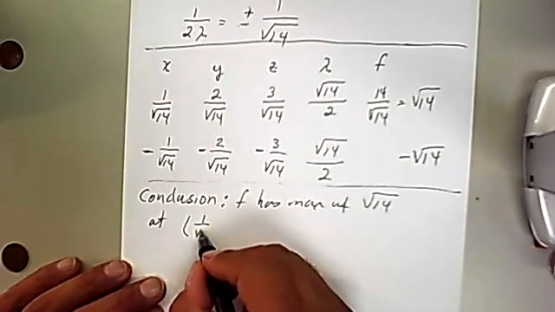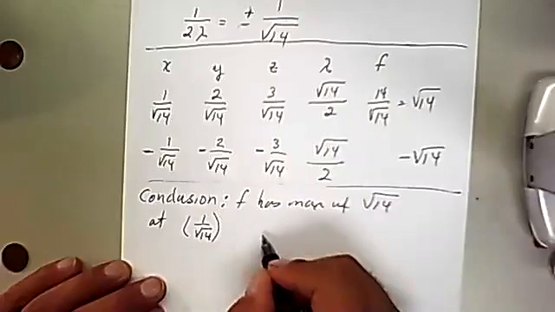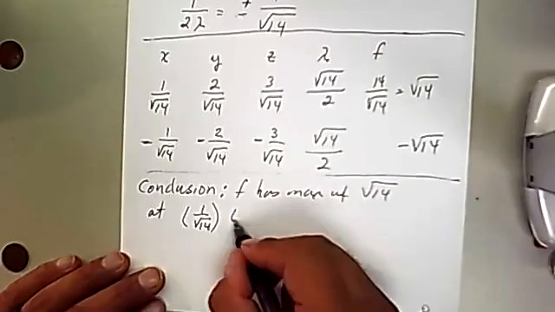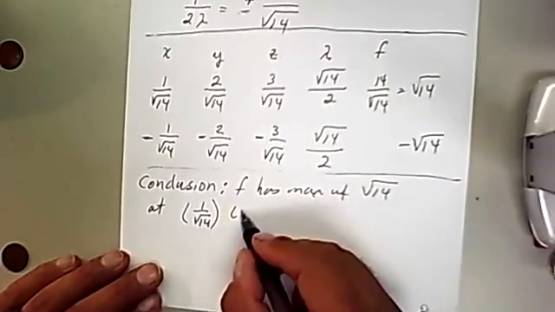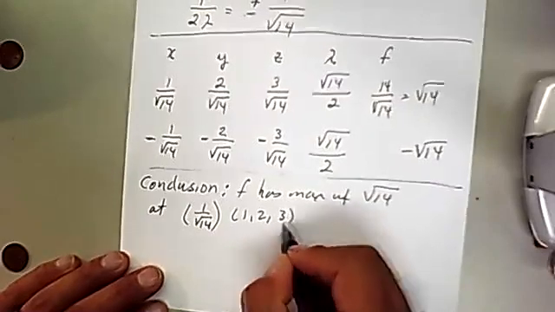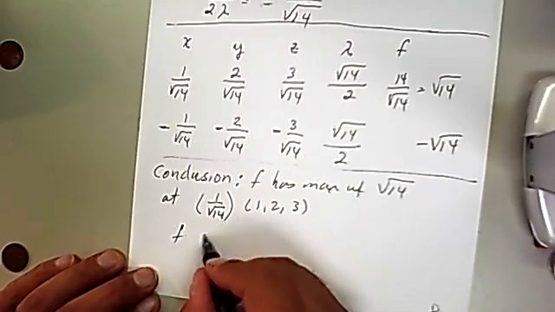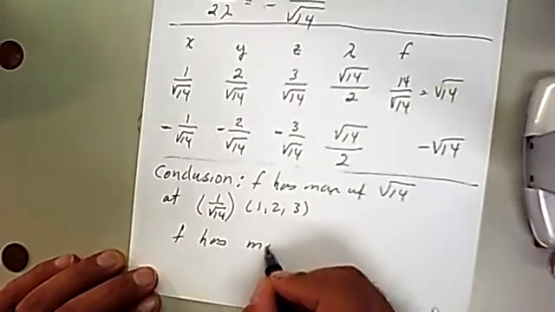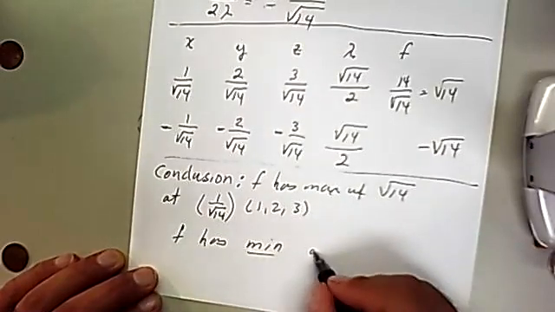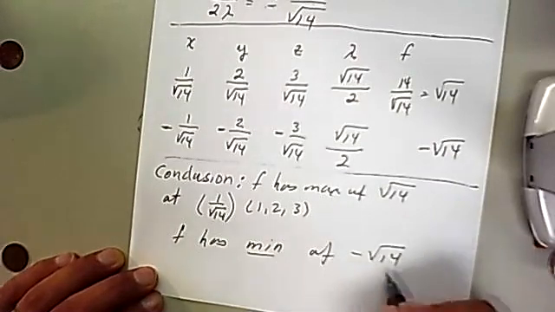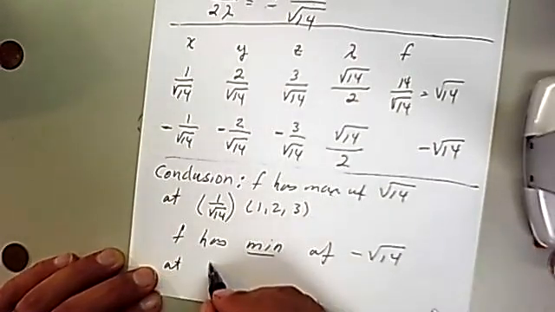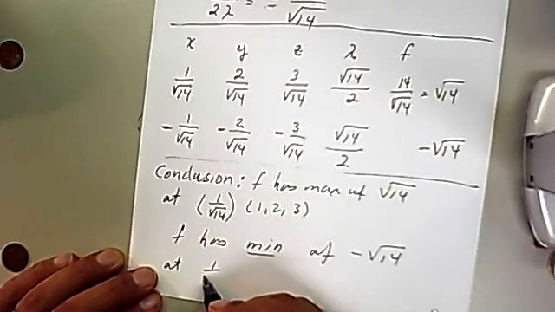I'm going to factor out 1 over the square root of 14. So this is a scalar times the vector 1, 2, 3. And f has a minimum, or attains a minimum, of negative square root of 14 at, we're going to factor 1 over the square root of 14.